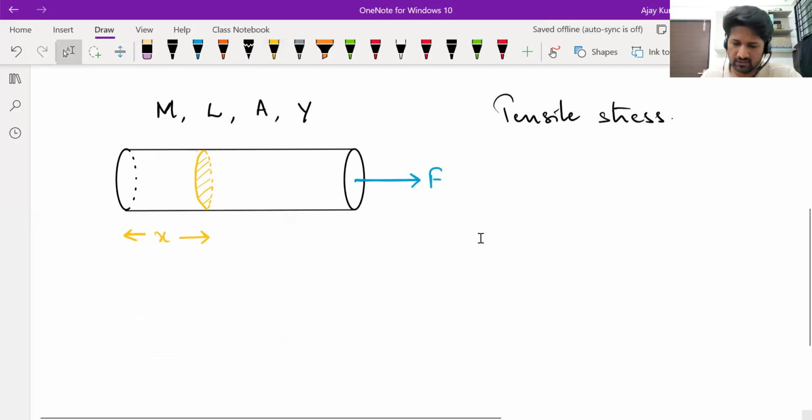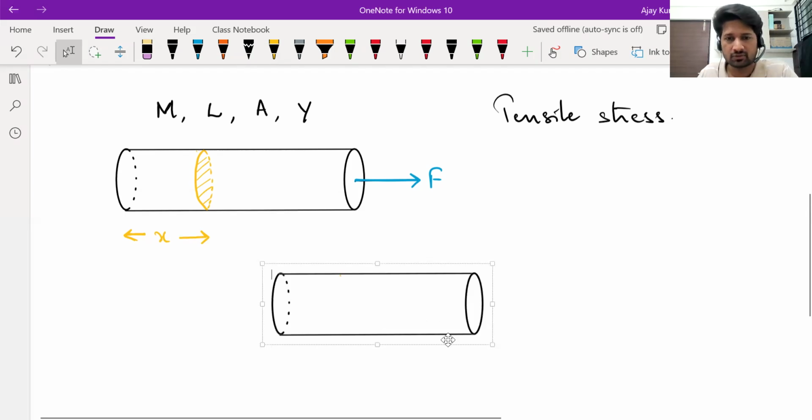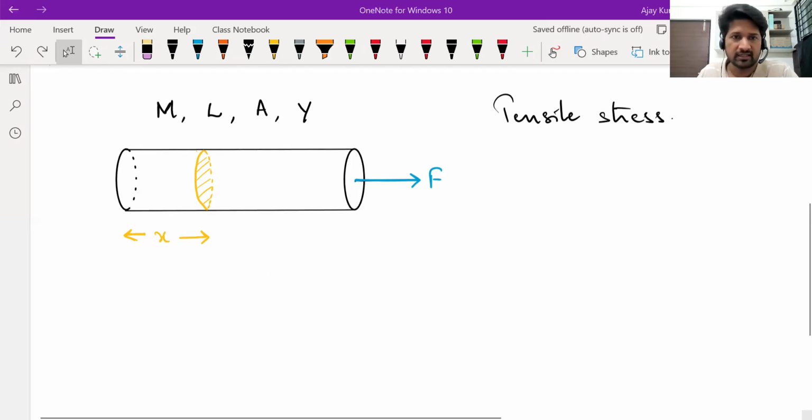Now, how do we do that? If you want to find out tension anywhere in a particular system, see, tension is a force. If you want to derive an expression for force acting anywhere, you need to first visualize a part of the system for which that force becomes an external force. Now, for the entire wire, tension is an internal force.